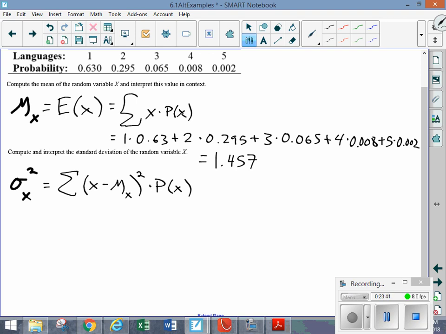No, it's the sum of all of our x minus our mean squared times probability of x. Now this could take a long time to calculate, right?